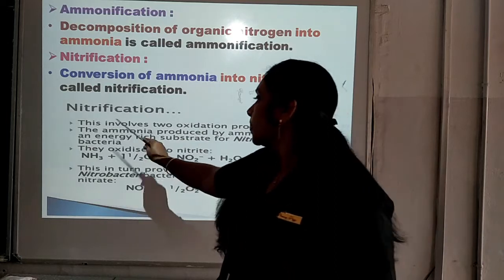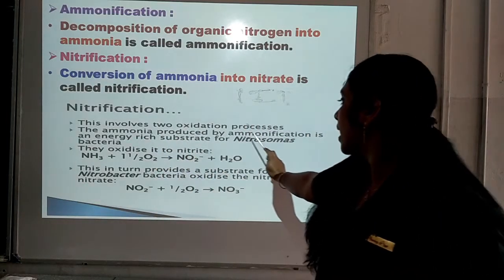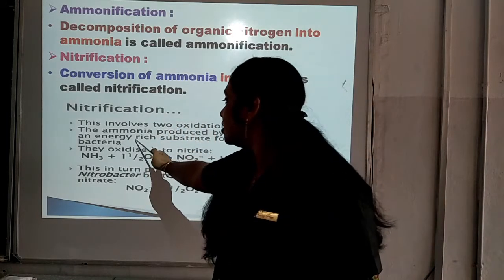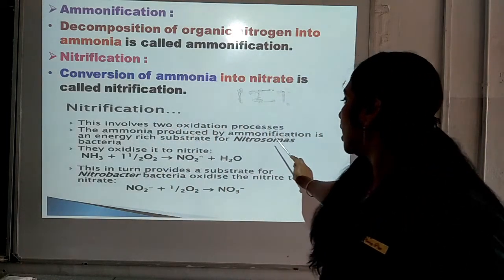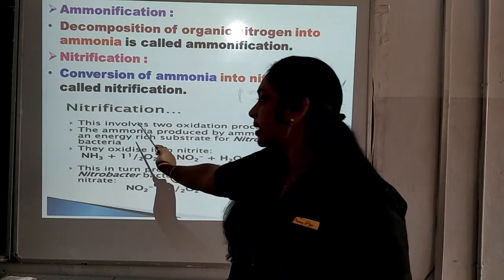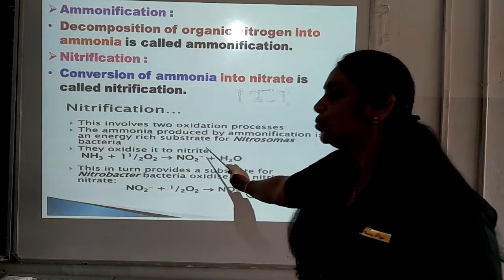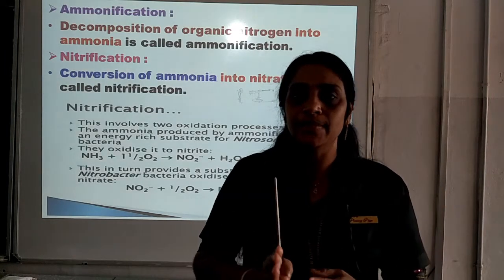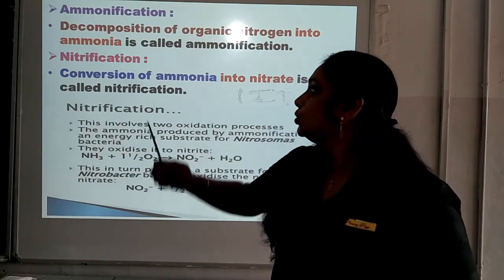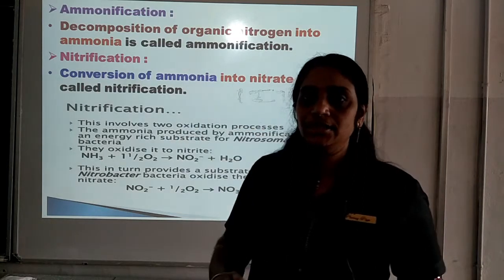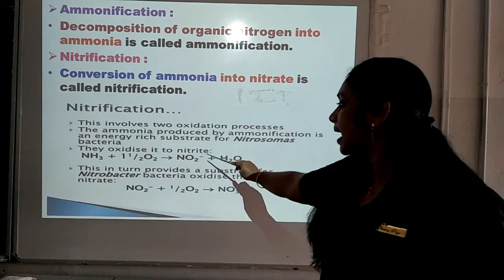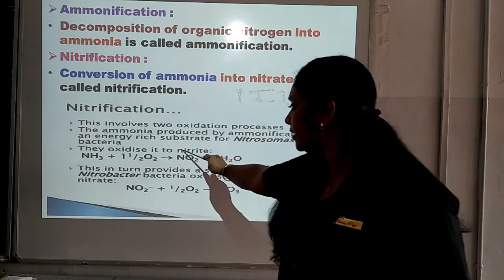Number 1, the ammonia produced by ammonification is an energy rich substrate for Nitrosomonas bacteria, and they oxidize it into nitrite. So, in the first step, the ammonia which is formed through ammonification is oxidized into nitrite first. This is nitrite.